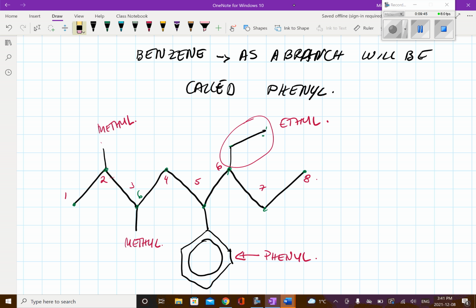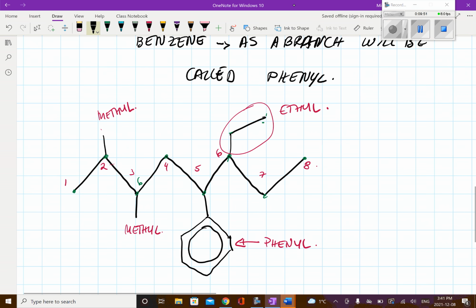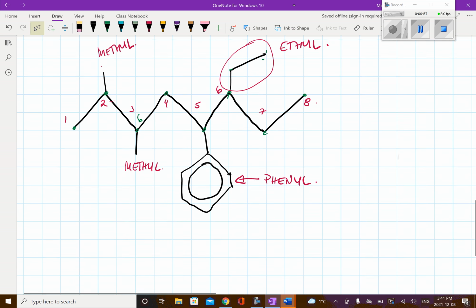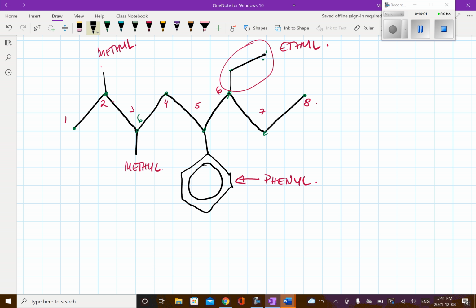Okay, so now let's start labeling it alphabetically. The first letter in the alphabet is E, so it will be the location of the branch, which is 6, then ethyl, then we move, M is before P, so it will be 2, 3.